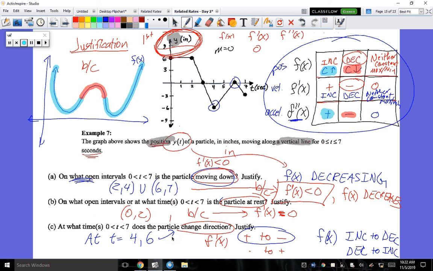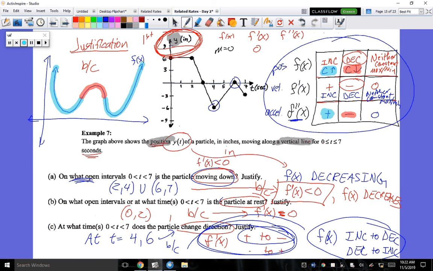The particle changes direction. Because, and you can say this, you can say either that one, or you can say that one. You with me? Ultimately, I want you to get accustomed to using the f prime, because it's that calculus level of interpreting what's going on.